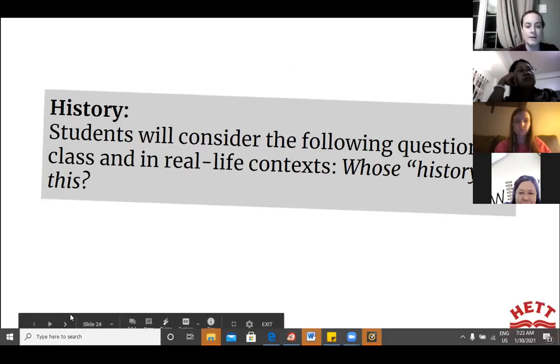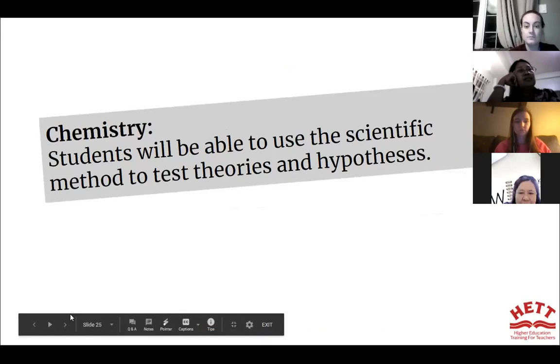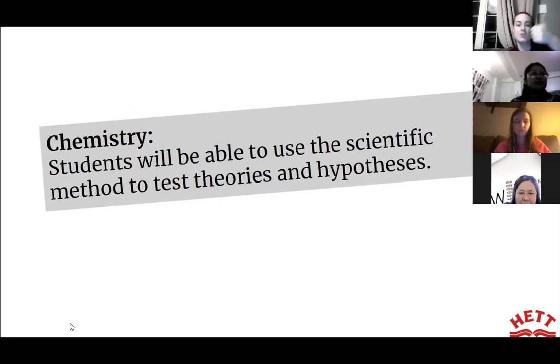Let's look at the next one. Students will be able to use a scientific method to test theories and hypotheses. Is that strong or weak?